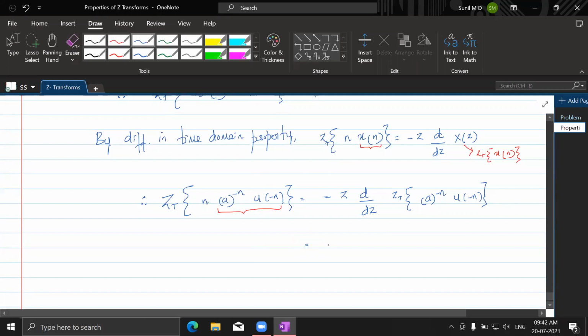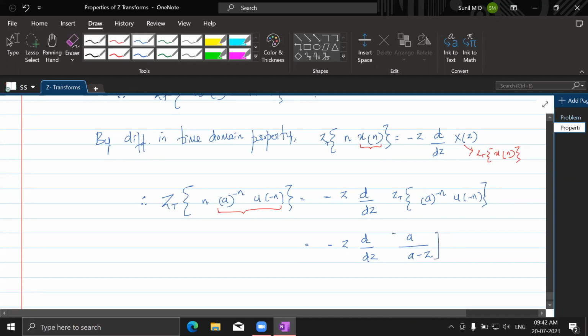Understand? So therefore it is minus z d by dz of a by a minus z. And in differentiation in time domain property, the ROC is not going to change.